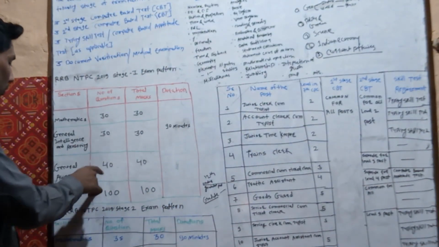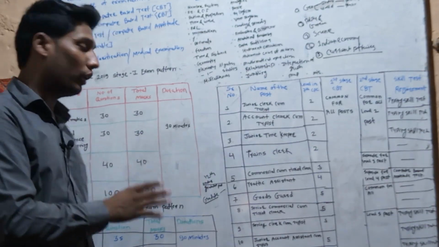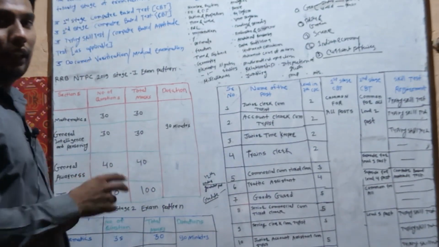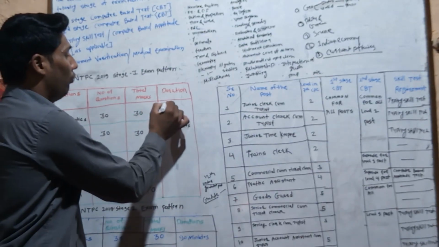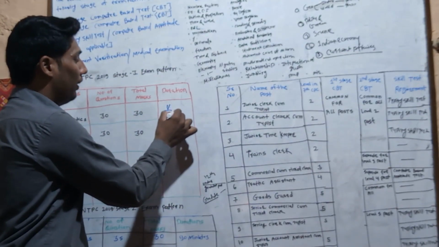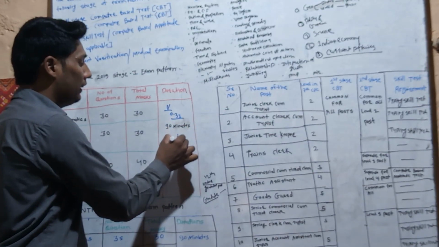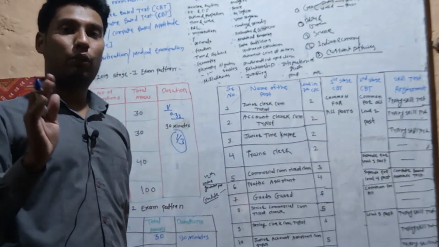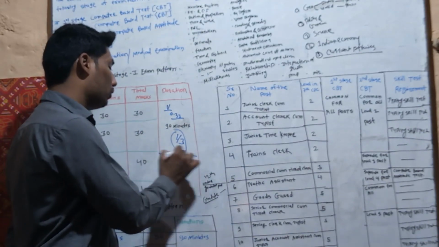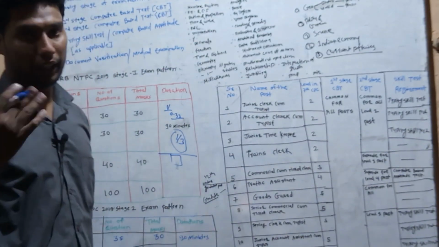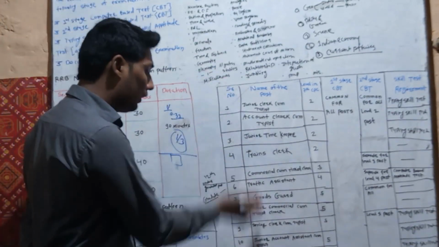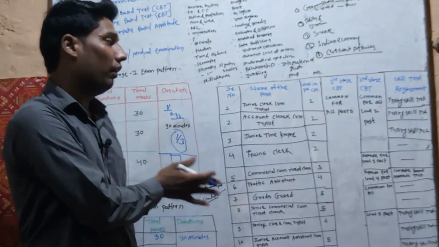General awareness is 40 questions, 40 marks, total 100 questions, 100 marks. Each question has 1 mark and 0.33, that is 1/3, is negative. If you answer one question wrong, 0.33 mark is deducted from your score. This is the process of this examination for all 13 posts, which is common for all.